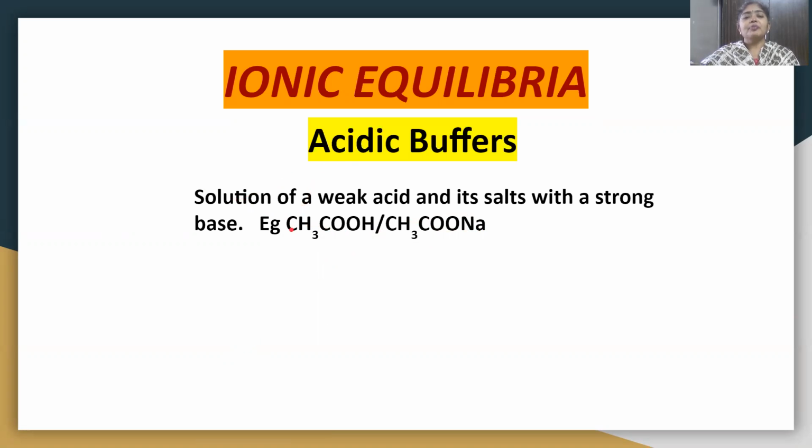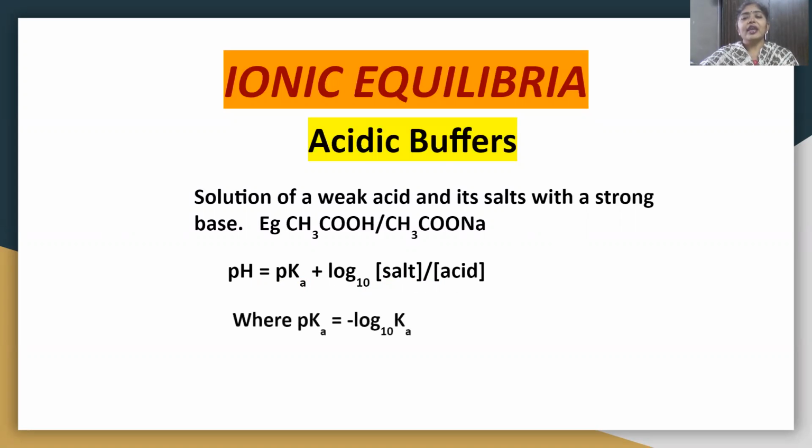Okay. And what is the pH of such a solution? The pH of such a solution can be calculated by using this formula. pH is equal to pKa plus log to the base 10 of the molar concentration of the salt divided by the molar concentration of the acid. So what is pKa here? Now, like you've learned the definition of pH. What is pH? pH is negative logarithm of H plus ion concentration to the base 10.